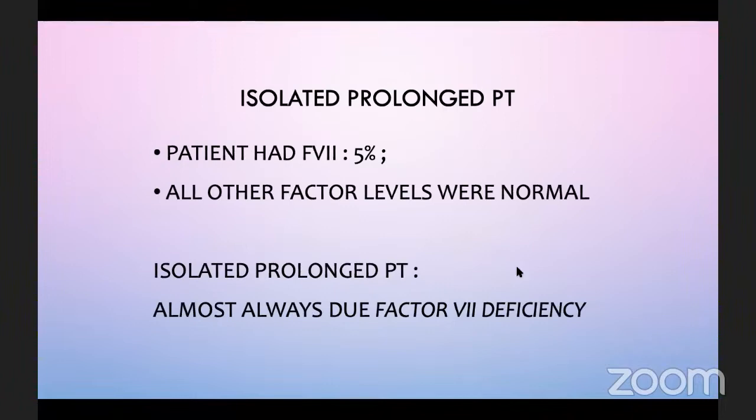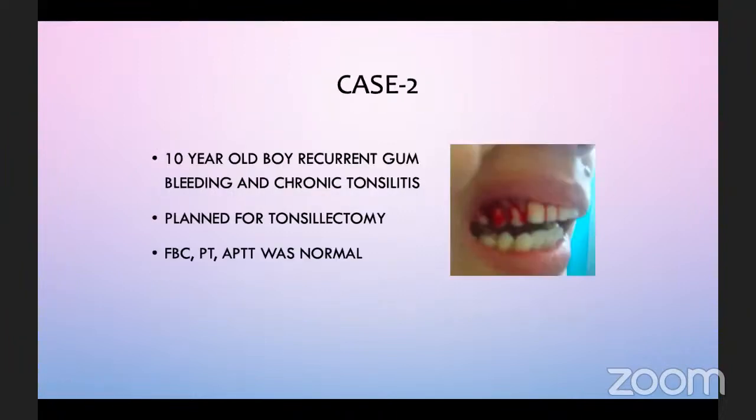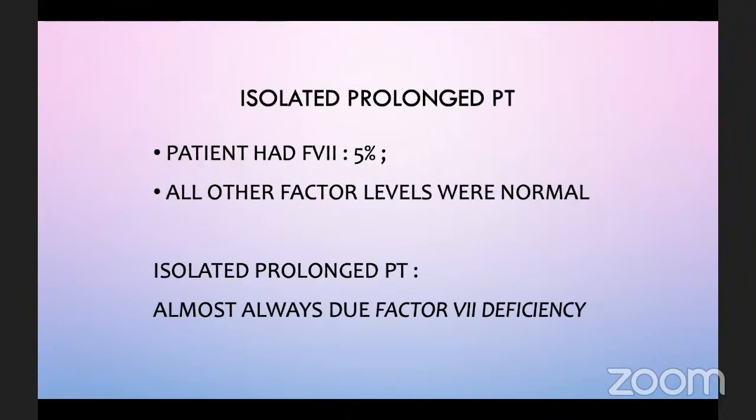Further investigation done showed that actually the reason for his PT to be prolonged was a factor 7 deficiency. And an isolated prolonged PT in the absence of any other abnormalities is almost always due to a factor 7 deficiency. And a factor 7 deficiency, sometimes, if it is not low enough, doesn't cause much problems. And in all honesty, this gentleman should have been anticoagulated after probably discussing with the hematologist.